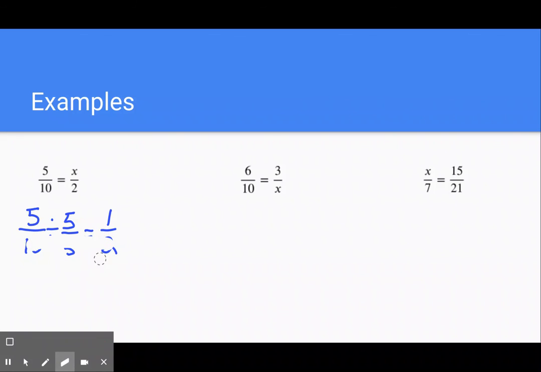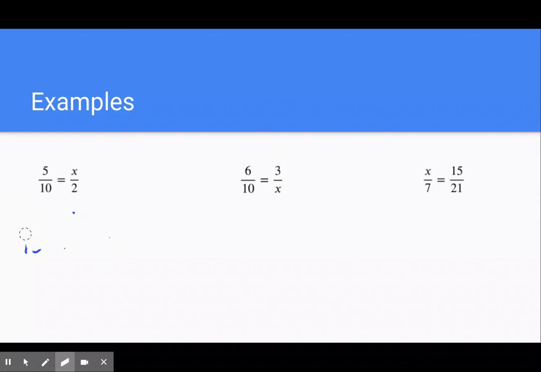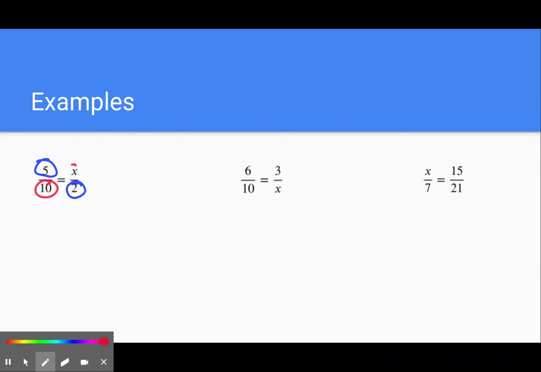Now, to go into this a little bit deeper, the proper way to solve this problem is to look at the numerator of the first fraction and the denominator of the second fraction, and the denominator of the first and the numerator of the second.